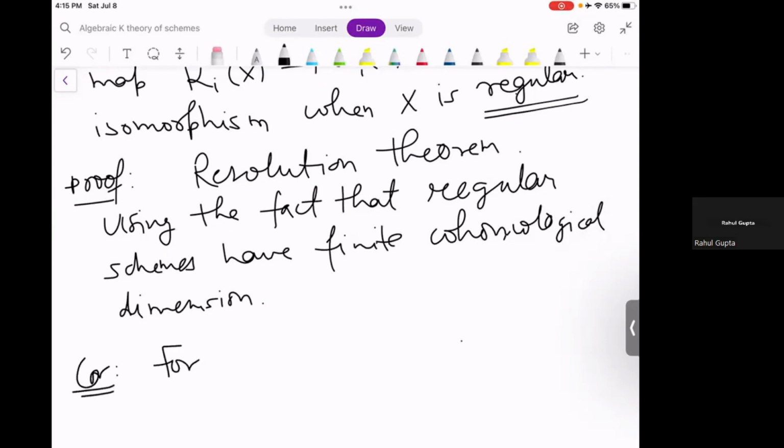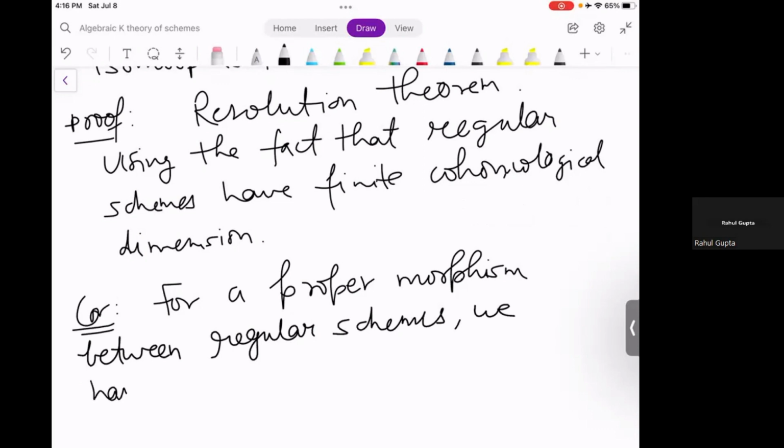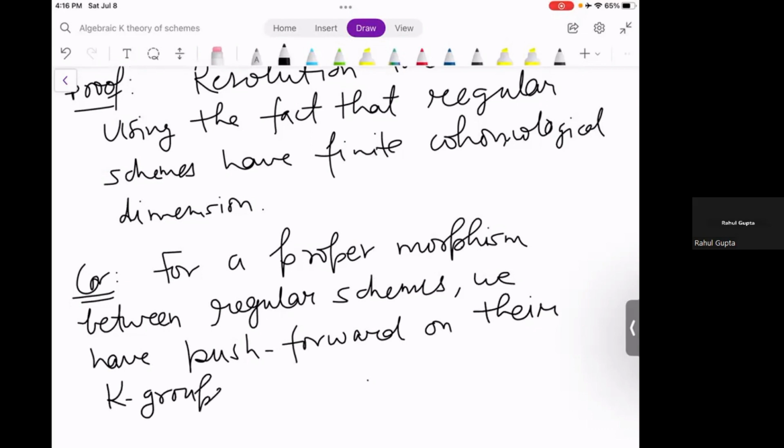So for a proper morphism between regular schemes, we have pushforward on K-groups. Is it okay?